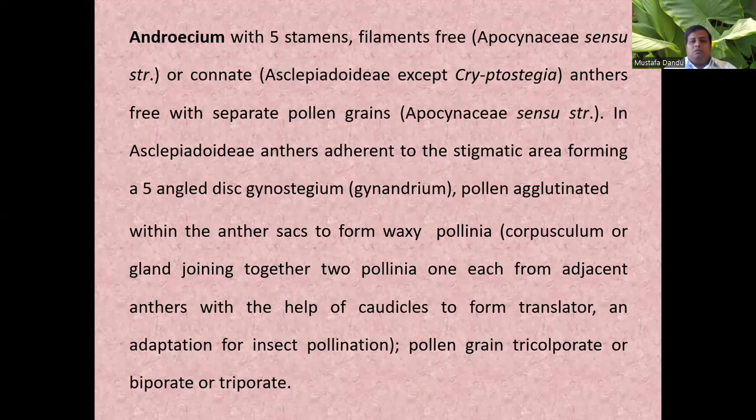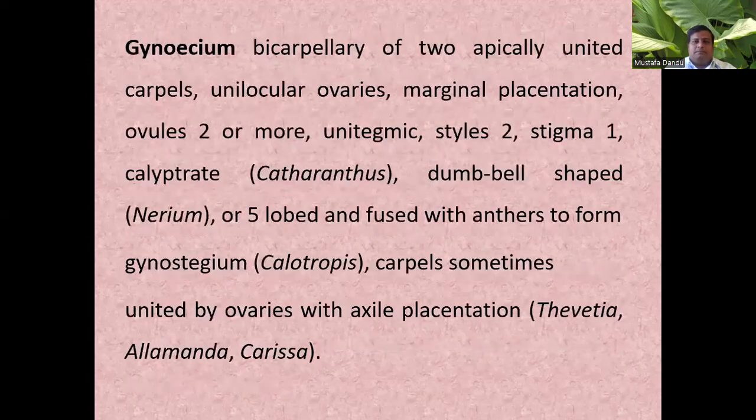Glands join together to form a pair of two pollinia, one each from adjacent anthers, which helps to form a translator. It is an adaptation for insect pollination, mainly seen in this family. The pollen grains may be tricolpate, diporate, or triporate.